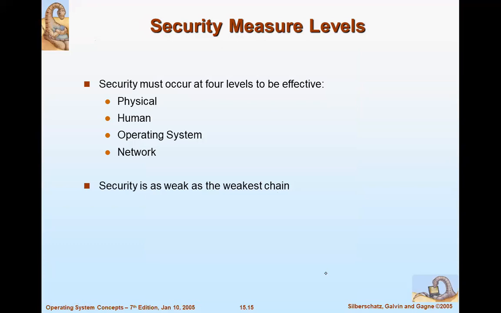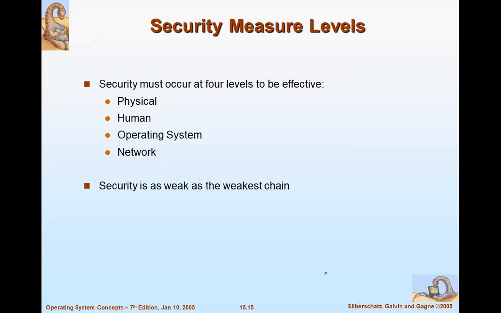There are certain security measure levels. Security must occur at 4 levels to be effective. The first one is physical security: you should lock the system, and you should have a proper mechanism like a separate room for your server, fully secured from the window side so that no one can enter through a window or any other side, and the door should be properly locked so that no one can break it.